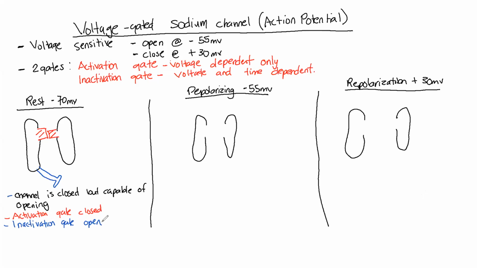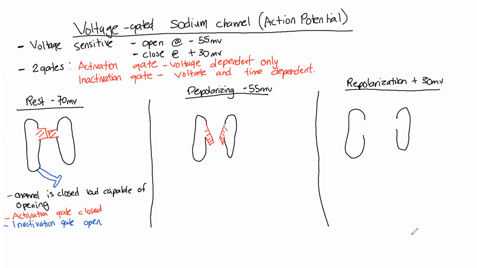All right. Let's look at what happens at threshold. We have a bunch of small graded potentials that get us to our threshold value, and then we're at -55. And so now we see the activation gate open.